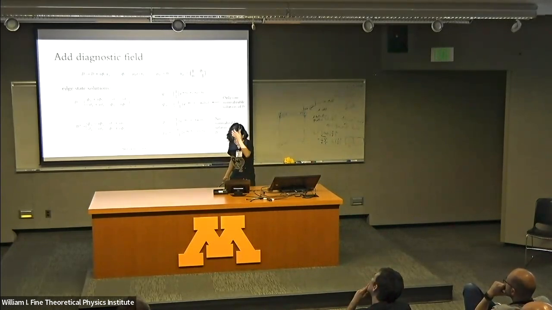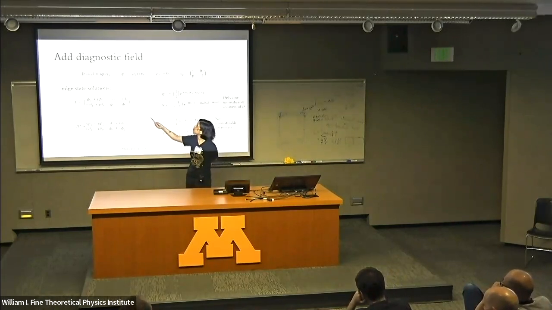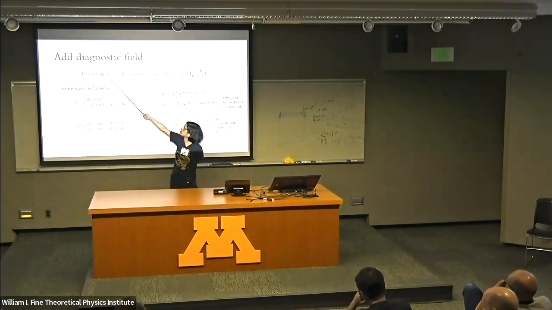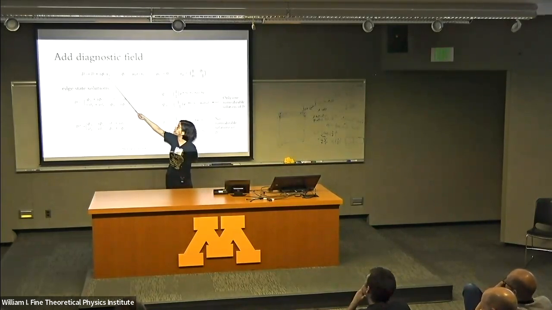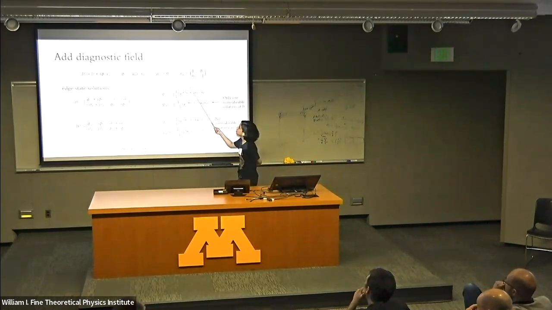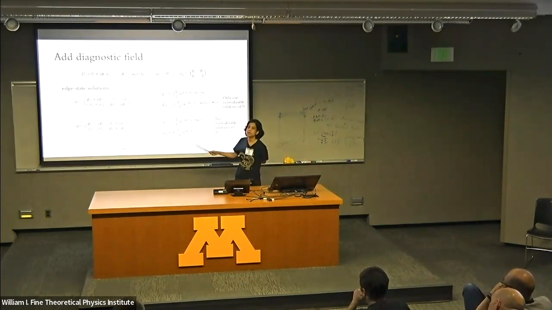So now you can see what I'm going to do with a diagnostic field, like I had mentioned. In the Euclidean time direction, I'm going to introduce a perturbation, which I call the diagnostic field. It's proportional to the gamma chi of the 1+1D theory. And I'm going to introduce a step function in that. So now, as you can expect, I'm going to be able to write down some localized solutions.